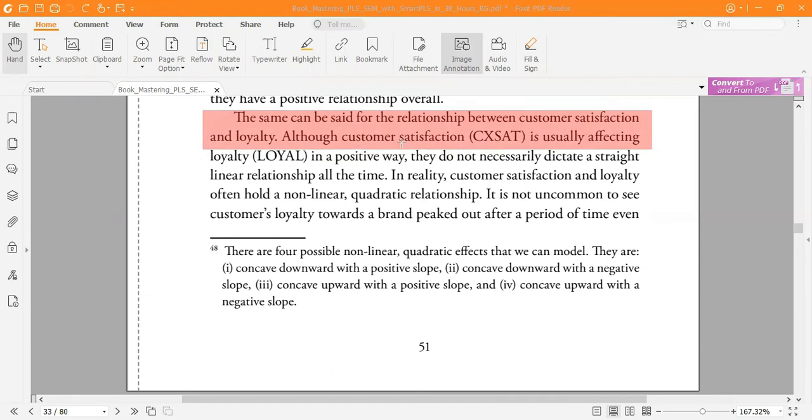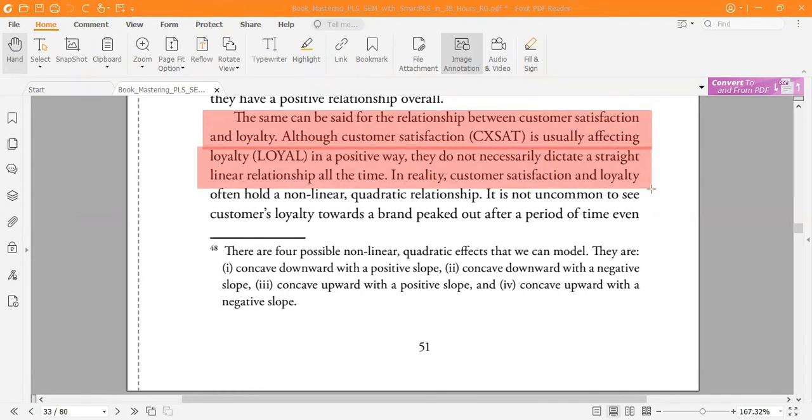Although customer satisfaction usually affects loyalty in a positive way, it does not necessarily dictate a straight-line linear relationship all the time. It's logical that if the customer is satisfied, definitely his or her loyalty will be increased.